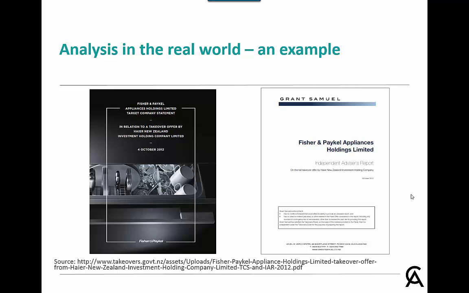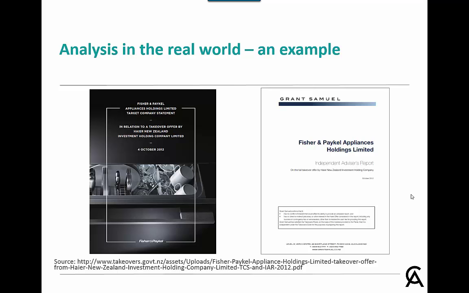It was done by Grant Samuel, a corporate advisory group serving Australia, New Zealand and the Asia Pacific markets. A bit of background to the paragraph we're going to look at. Well, the document is prepared for the independent directors for distribution to shareholders when considering accepting or rejecting the takeover offer for Fisher & Paykel Appliances.